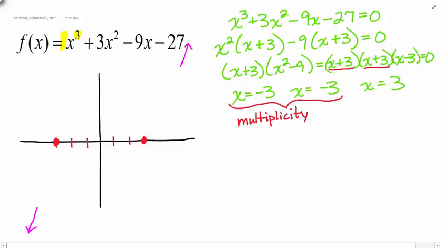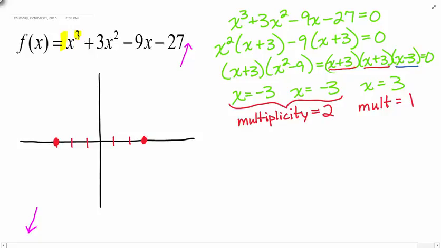How many times does that factor show up? Well, that's the multiplicity. So minus 3 has a multiplicity of 2, and 3 has a multiplicity of 1 because the factor related to x equals 3, which is x minus 3, only shows up once.